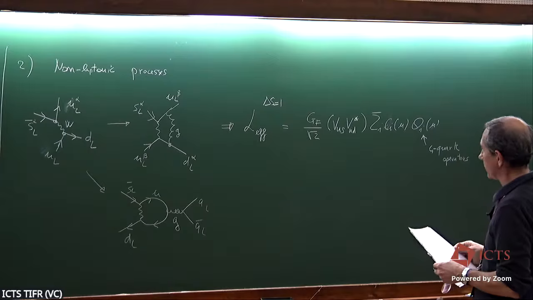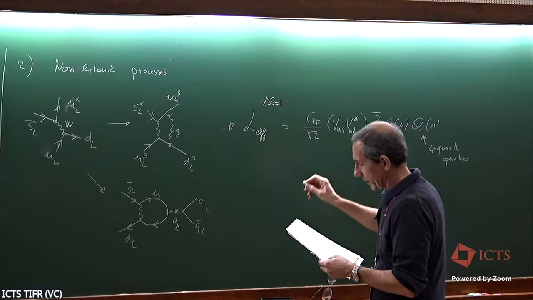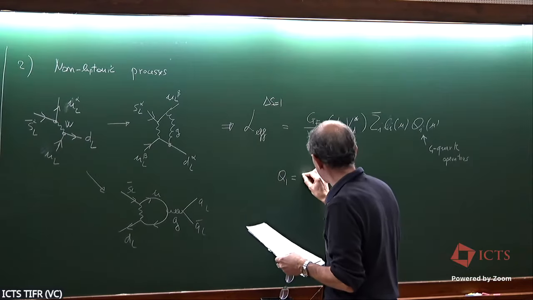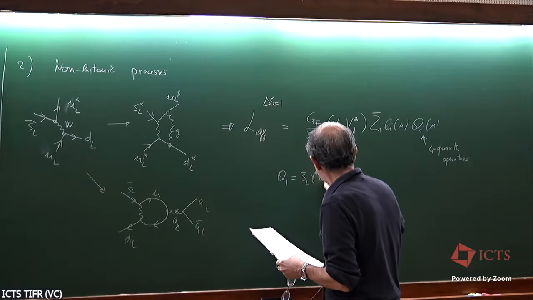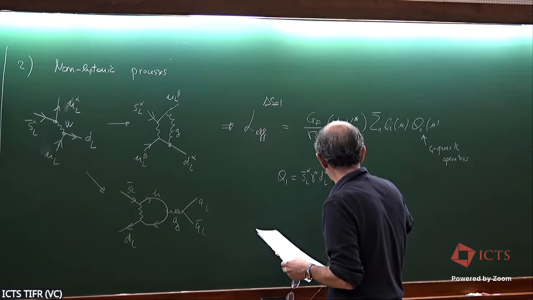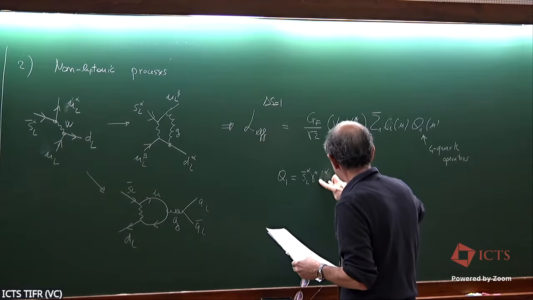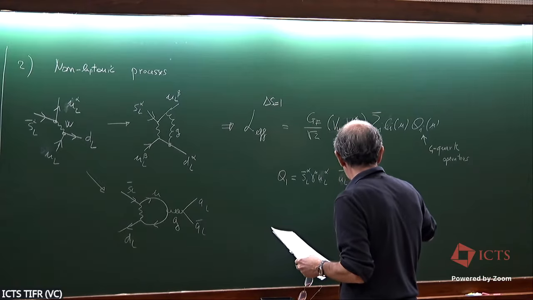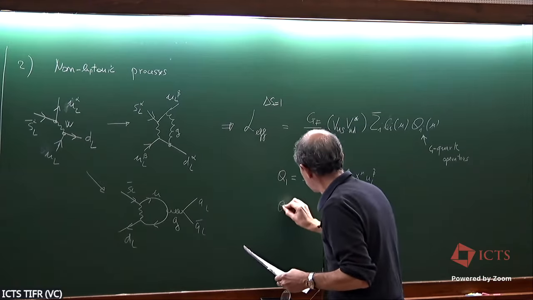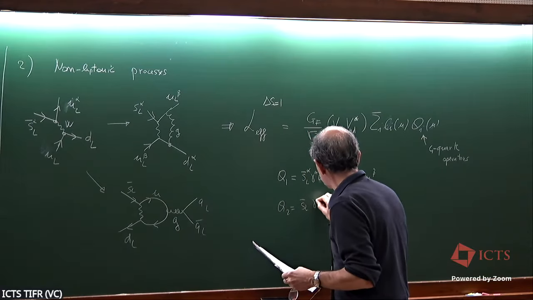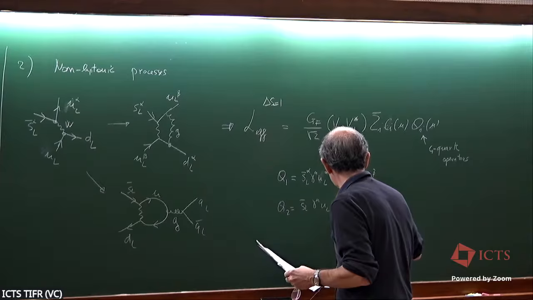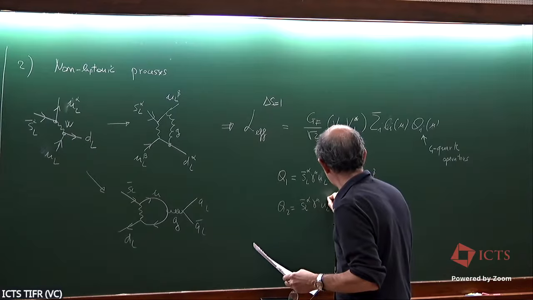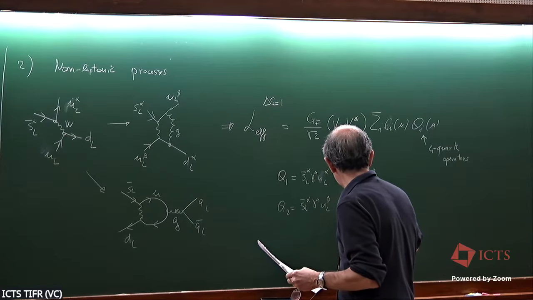So let's look at the structure of this operator. For instance, there is O1, which is of the type S bar left gamma mu D left, alpha alpha, times U bar left gamma mu U left, beta beta, and beta alpha.